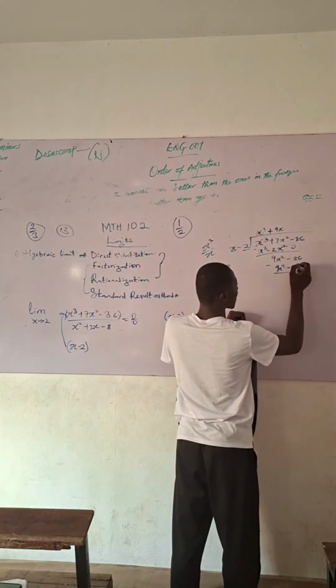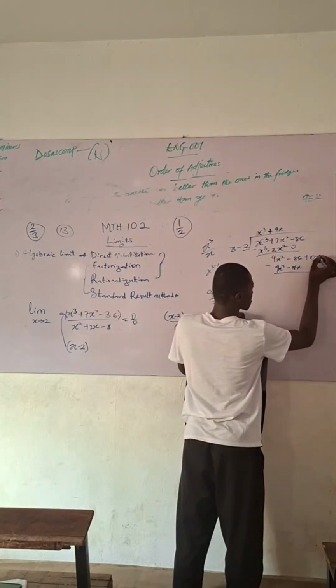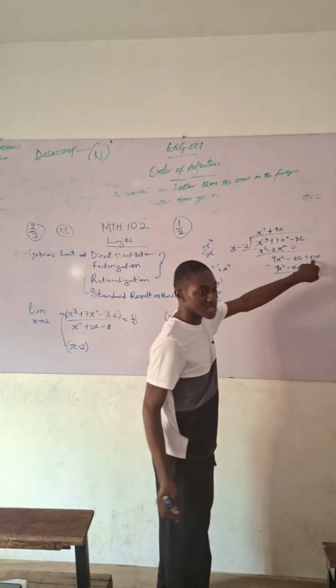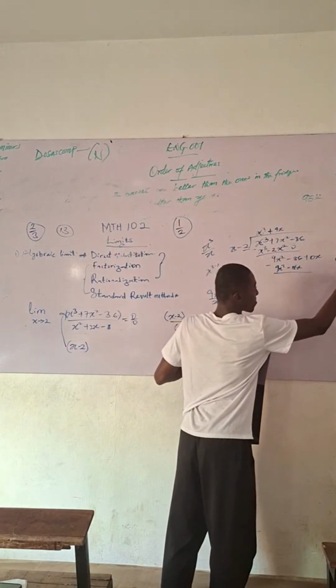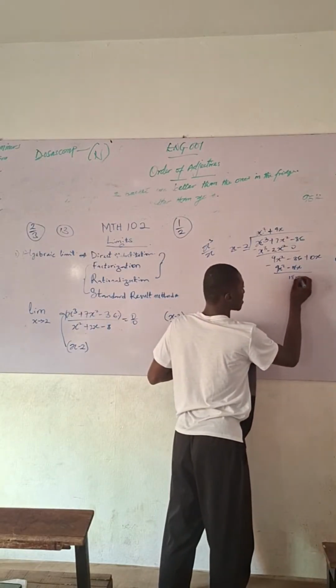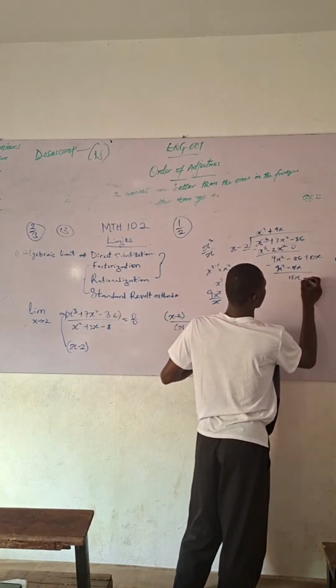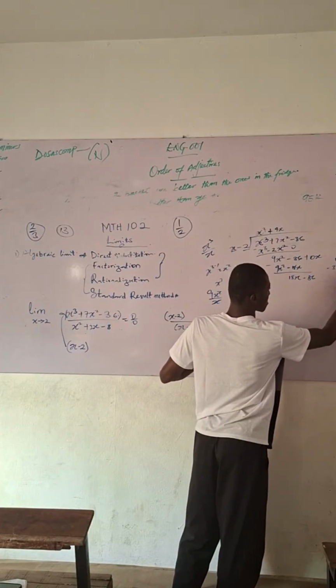Note that the coefficient of x in this does not change. So if I subtract, 0 minus 18, that will be 18x. Then minus 36, because 36 minus 36 plus 0 still minus 36.